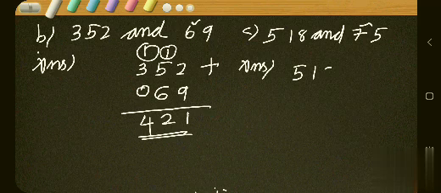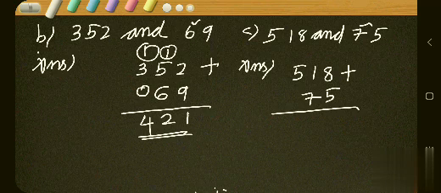Plus 75. 8 plus 5, yes, 13. 3, balance 1 above 1. And 1 plus 1, 2. 2 plus 7, 9. Isn't it? And here 5. 593 is the answer.